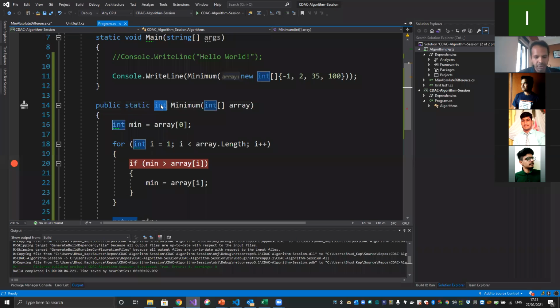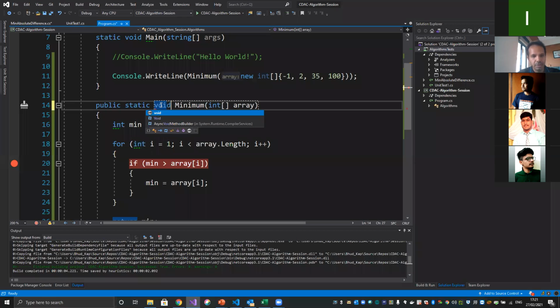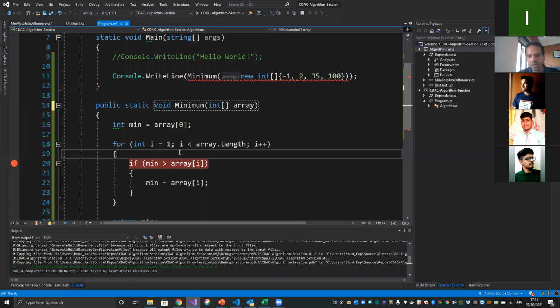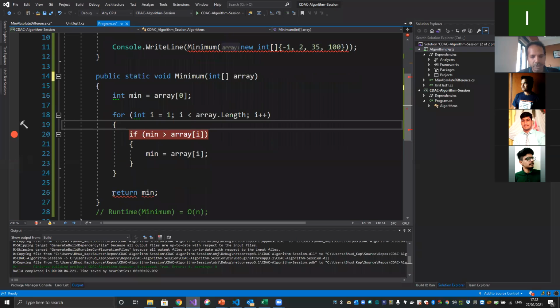Maybe this is what they've seen teachers doing, I don't know why, but everyone ends up writing this. I'm going to change this piece of code quickly and show what they end up writing. They always start with a void function for some reason. And then they never return.